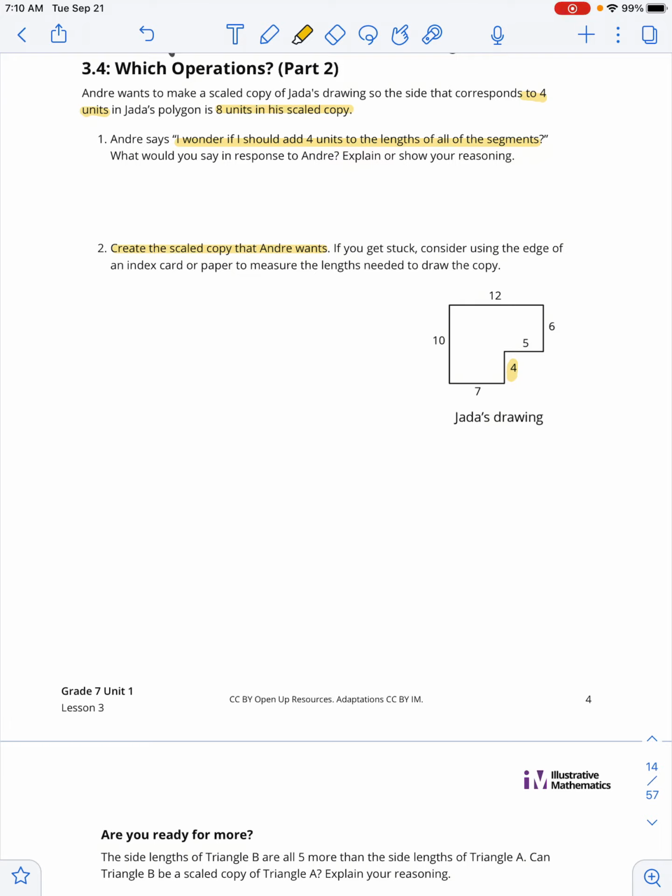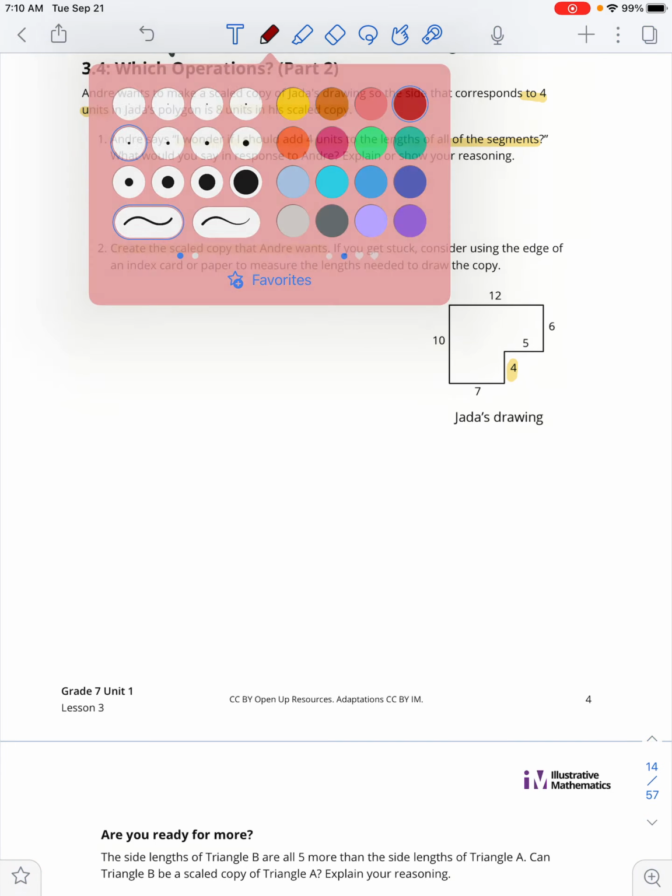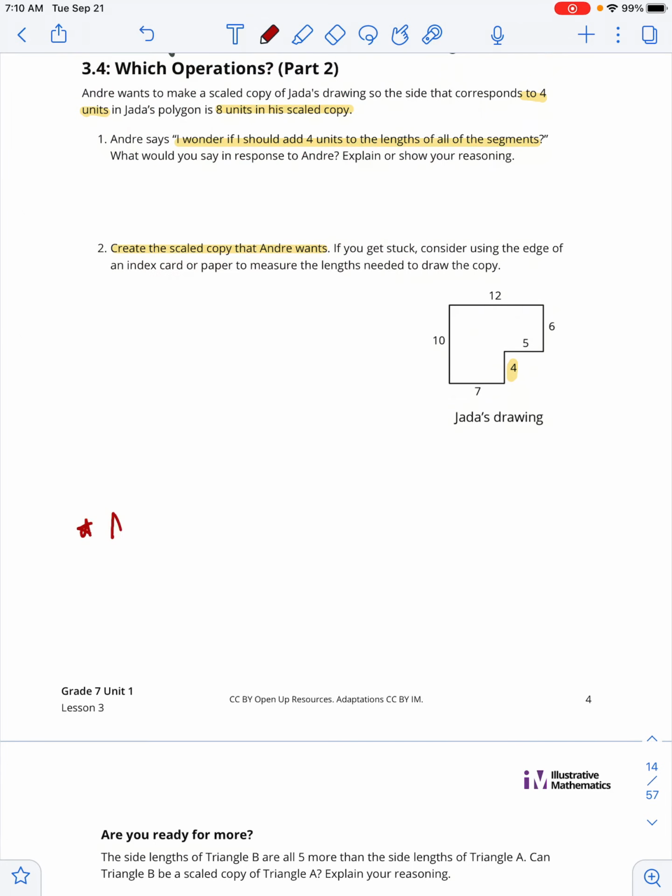Now you're working on Classkick, but you can use that straight line tool to help you. When you finish Classkick, come back to this video for a lesson summary. So, in other words, your directions are to answer 3.4, pause the video, come back when you're done.